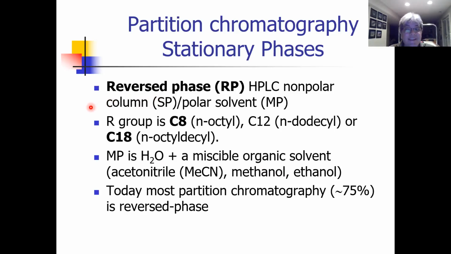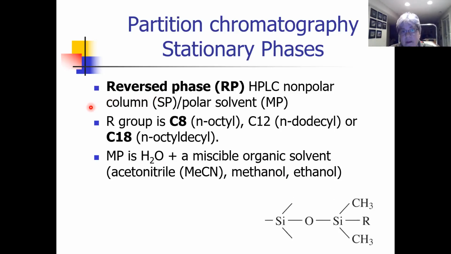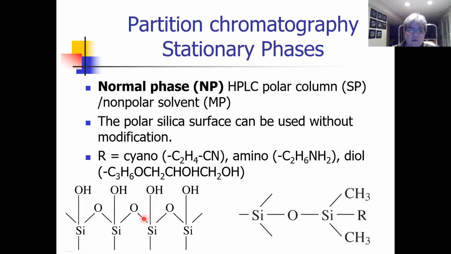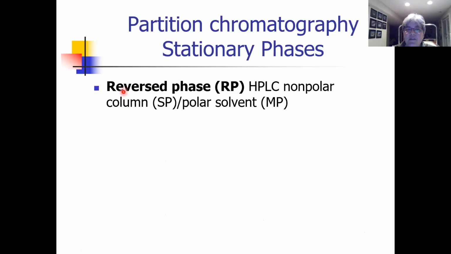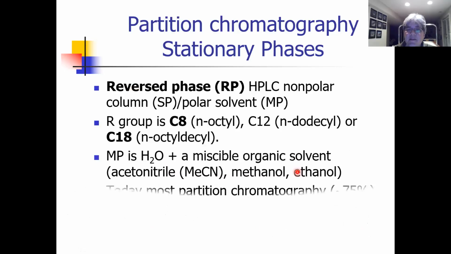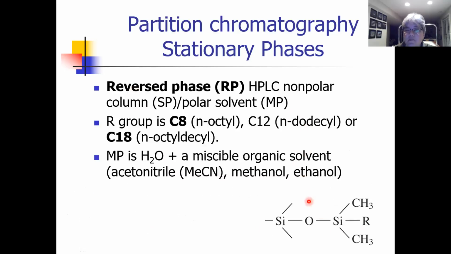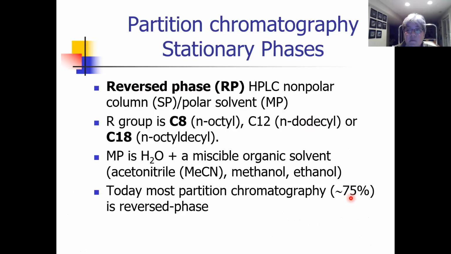It's normal because it came first. The very first columns were these very polar columns. So this came first and they called it normal. Then later they found actually this reversed phase, these non-polar columns, are more useful for more separations. Okay, so reversed is more common, but normal came first.